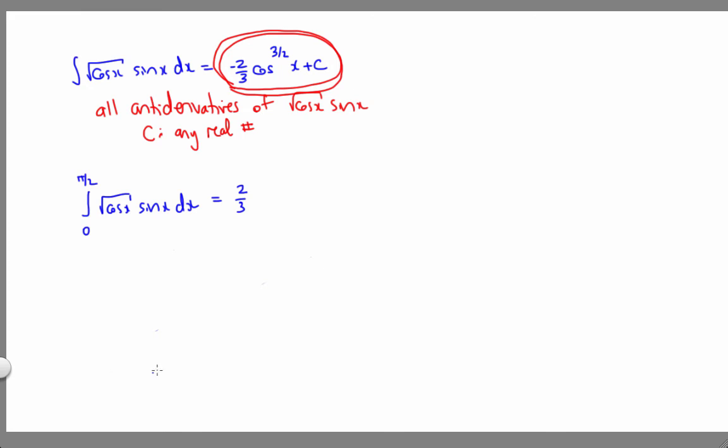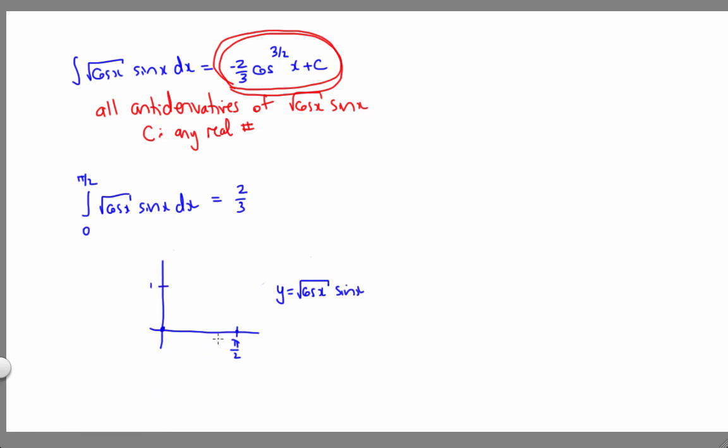So in our second typical example, we looked at a definite integral, and the answer came out to a numerical value. It was 2/3. That value represents area under the curve. So if we were to sketch from 0 to pi over 2, the function that we were integrating, y equals root cos x times sine x, let's just indicate some scale here.